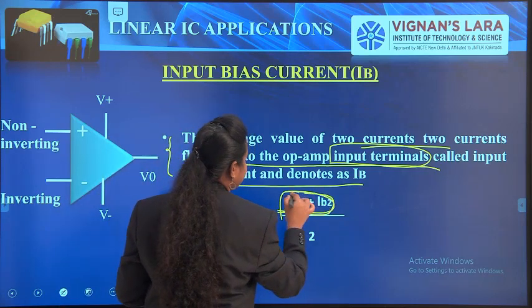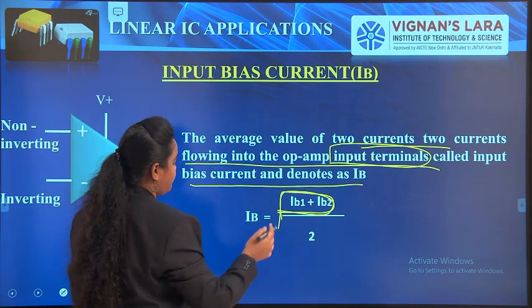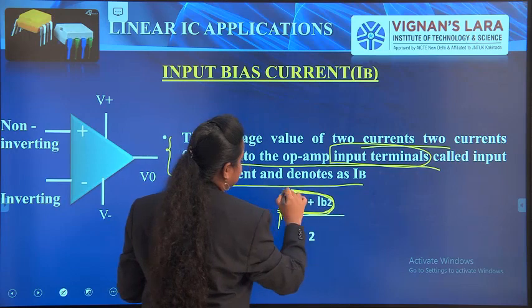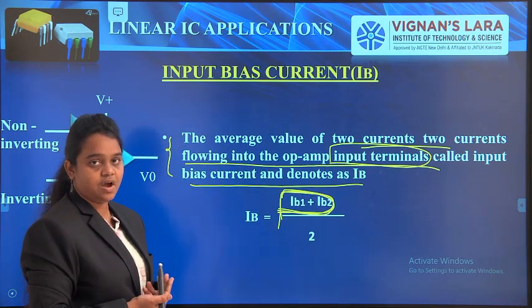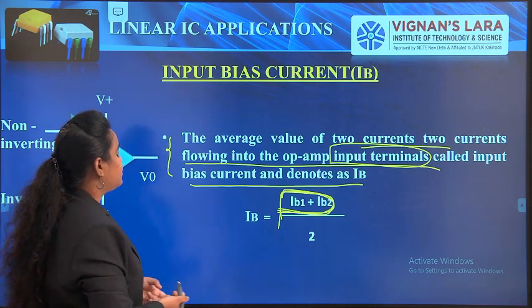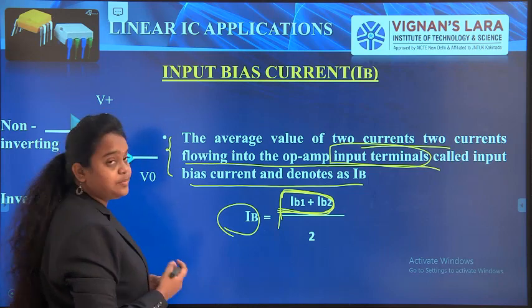The average value of two currents flowing into the op-amp's input terminals is called the input bias current, IB1 plus IB2 by 2. The average value of the two currents flowing into the input terminals of the op-amp is given as the current IB. That means input bias current.